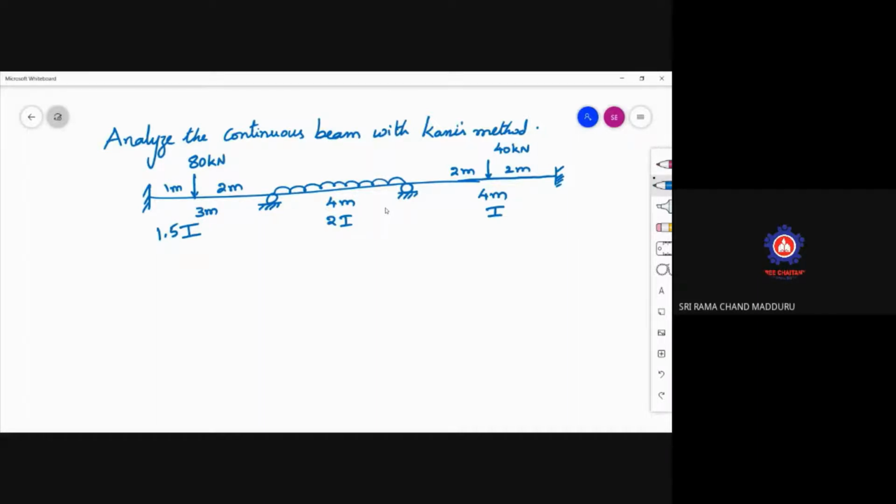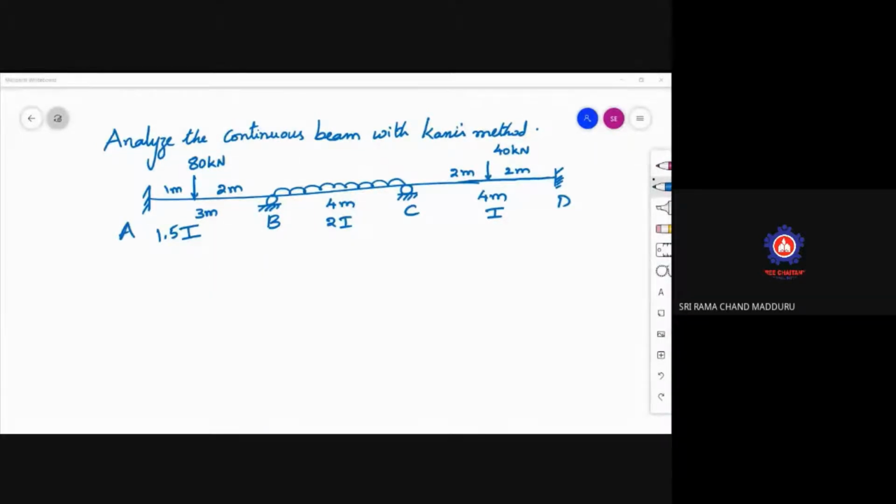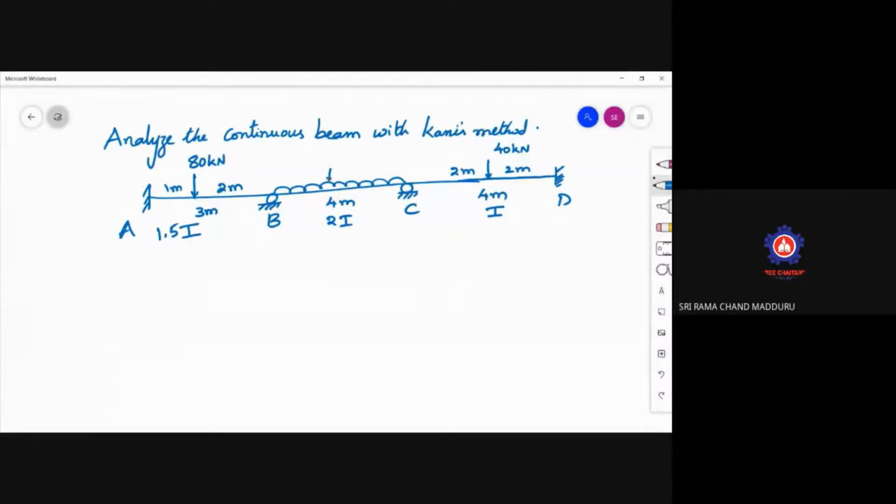The moment of inertia of this is A, B, C, and D. Now we need to calculate the rotational factors. Here in the previous case we calculated distribution factors. Now in this case we need to calculate rotational factors. So when there is a fixity, rotational factors are equal to 0. UDL value is to be mentioned. Okay, so take this UDL value as 50 kilonewton per meter.